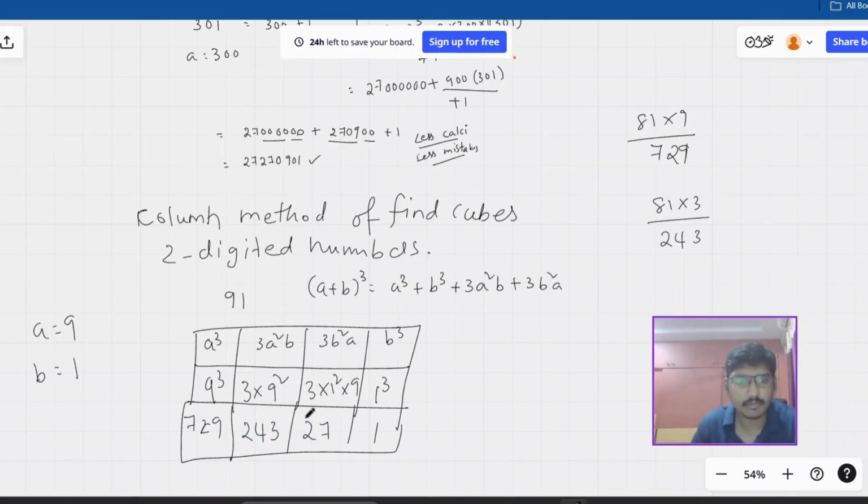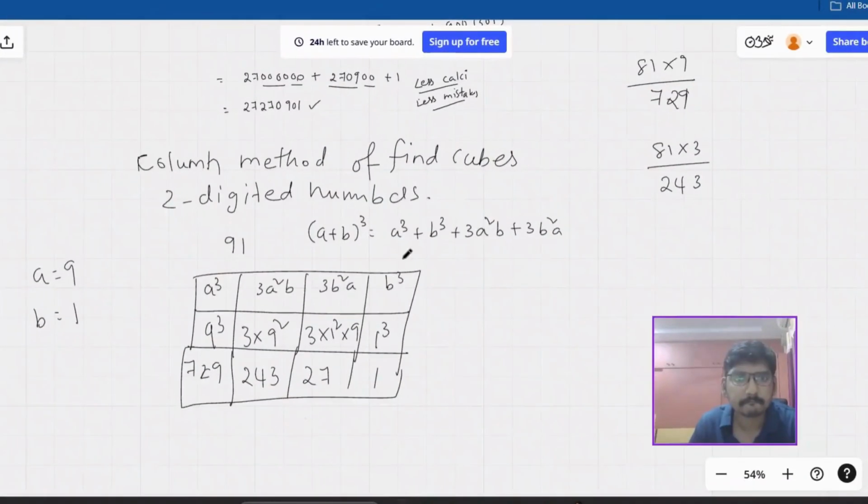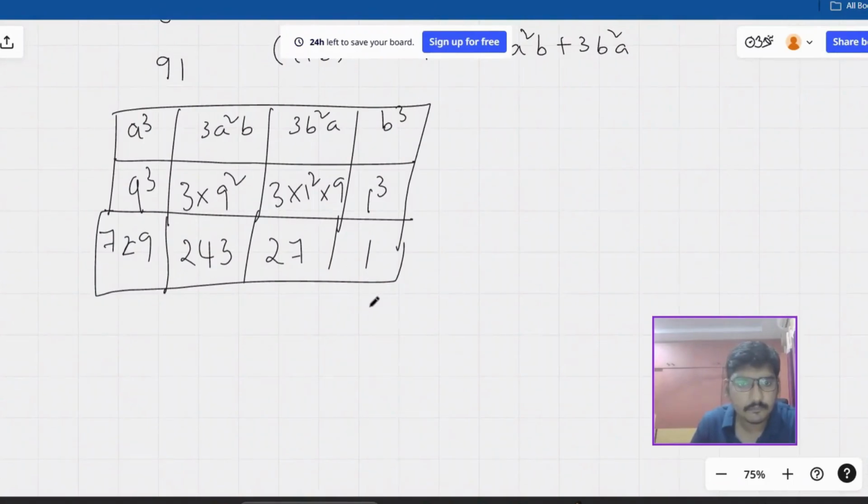Coming to the next step, it's more fascinating. You keep 1 because it is 0. You are always taking the unit digit, and you add 0 here, and we get the answer as 27, and you take the 2, right?